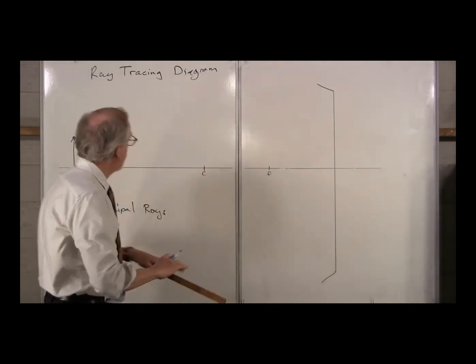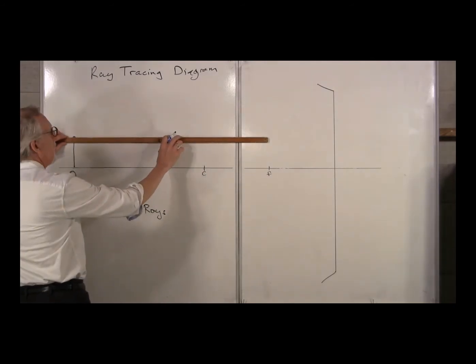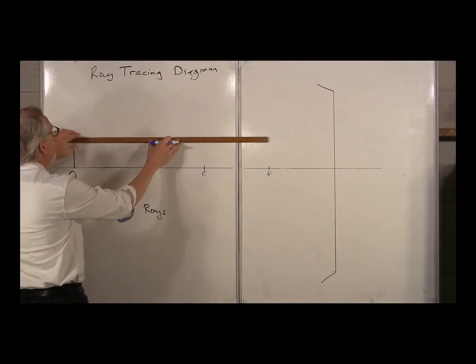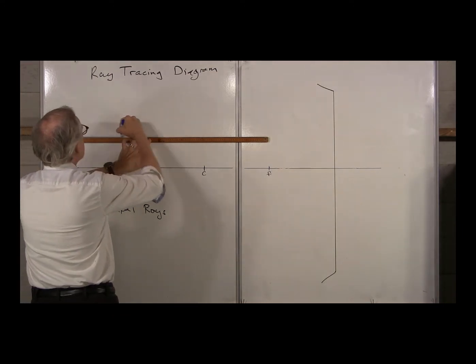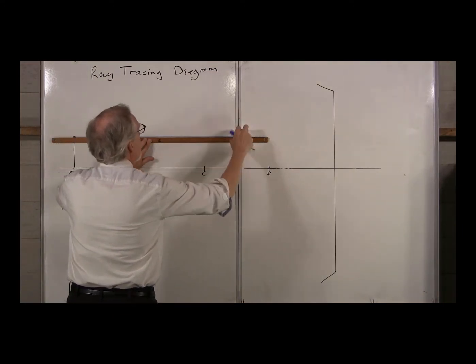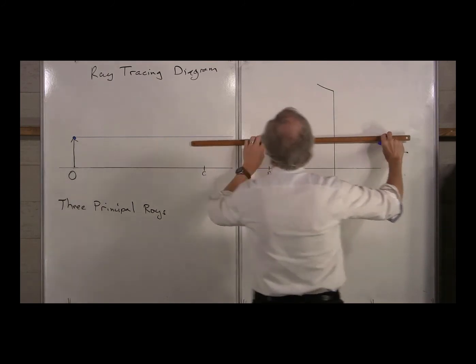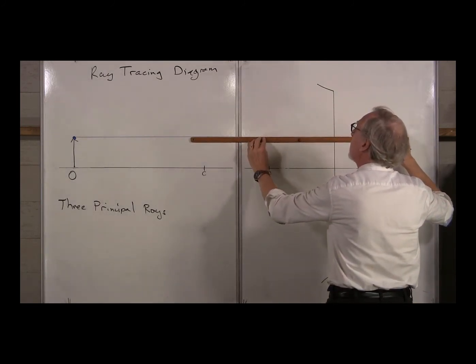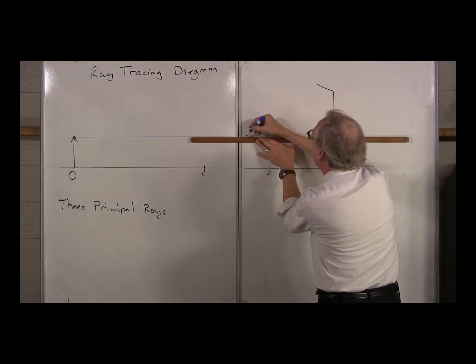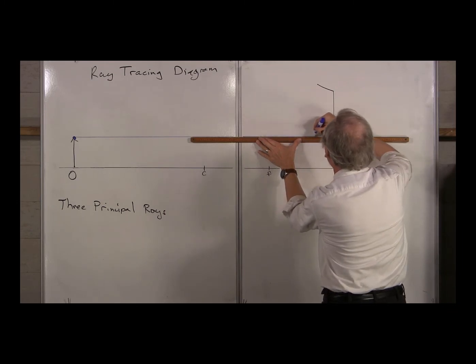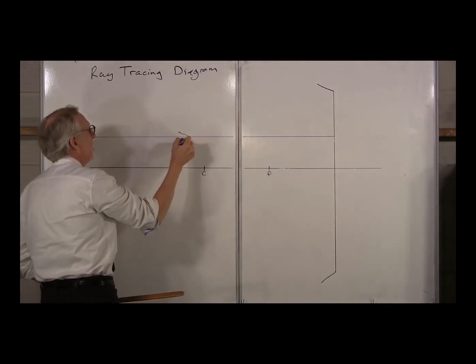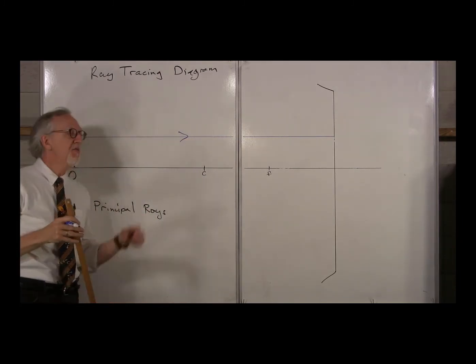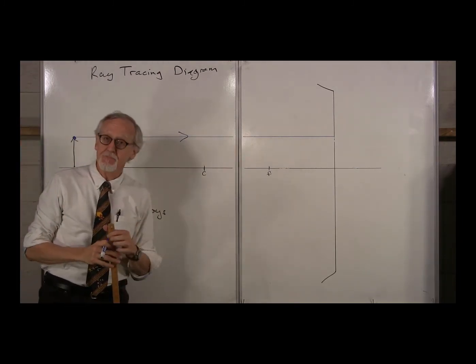So from the top of our object, I'm going to draw in a ray toward the mirror that is parallel to the principal axis. So it's going to look something like this. And we'll draw it all the way in until it hits the mirror. And I'm going to put a little arrowhead on the ray to indicate that it's going in that direction.